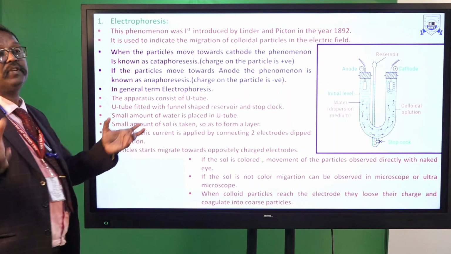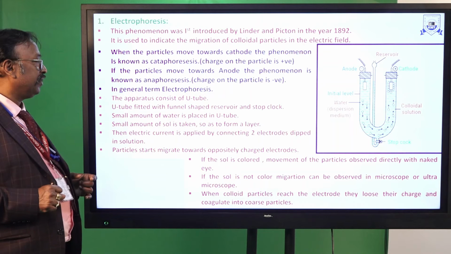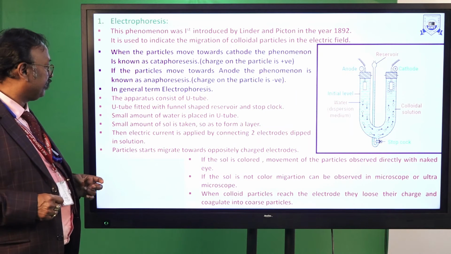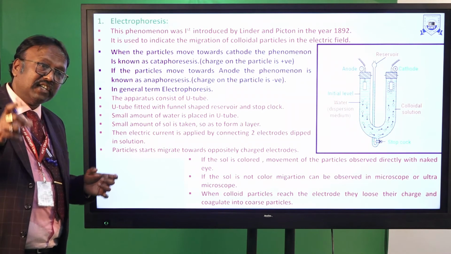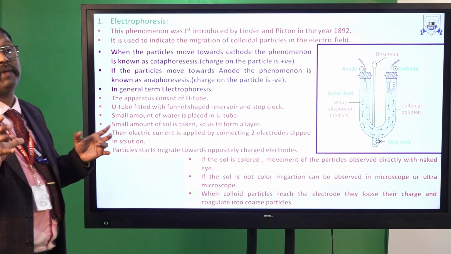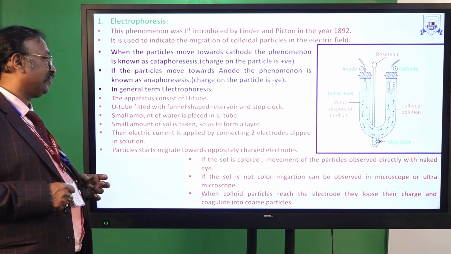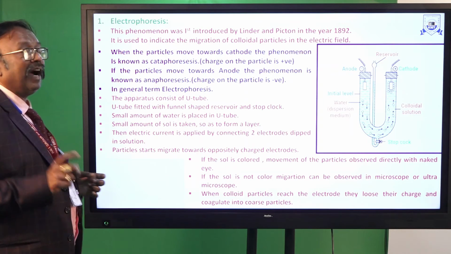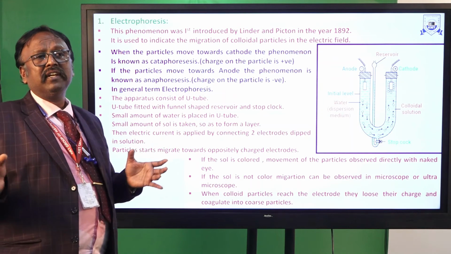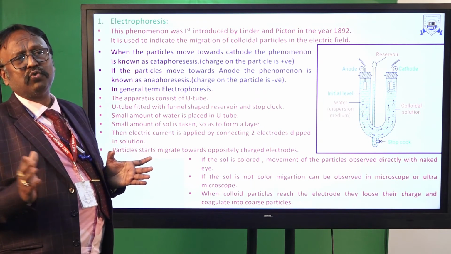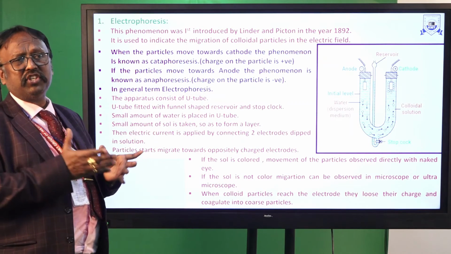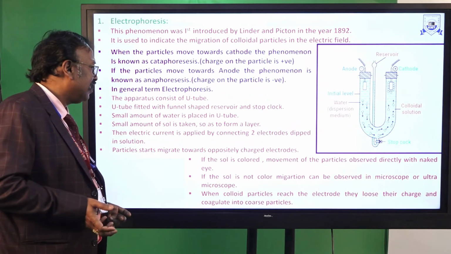Because this U-tube is connected to two electrodes dipped in a solution, when the electric current is passed, the migration of charged particles takes place. Negatively charged particles move towards the anode and positively charged particles move towards the cathode.